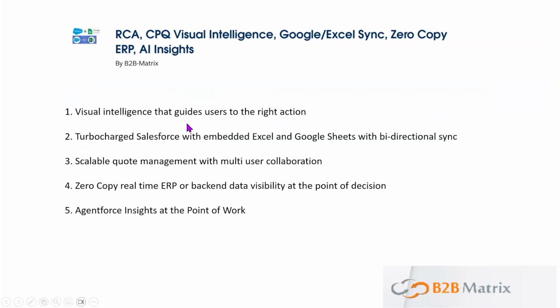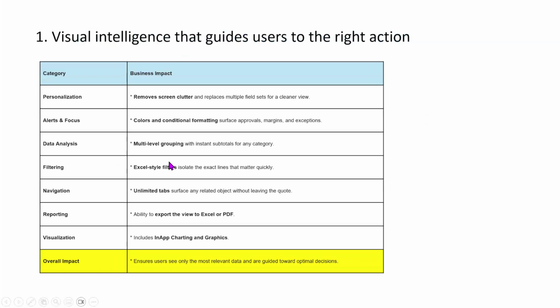So first one is, what does this package really do? Well, it provides visual intelligence that guides users to the right action. So what does that mean? Let us take that in the context of a scenario. For the purposes of this discussion, we will take the example of a quote.